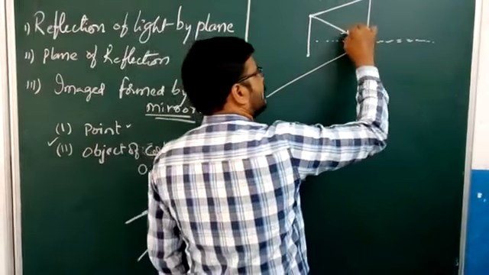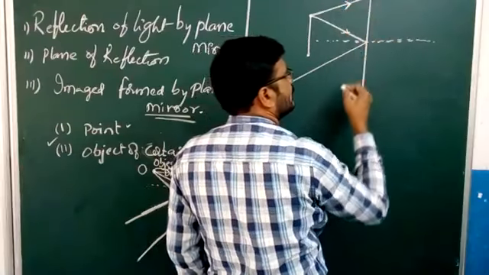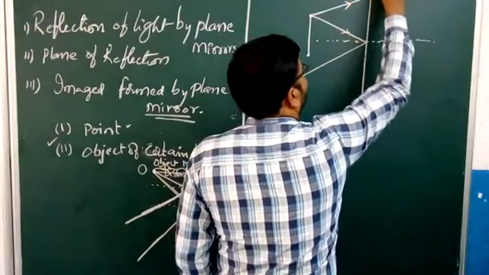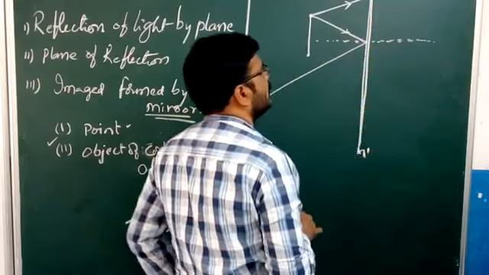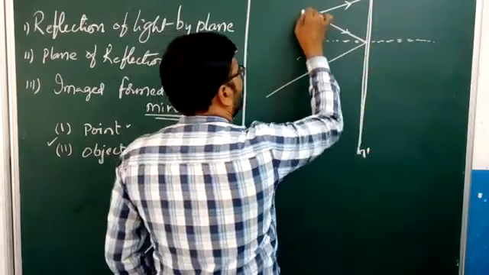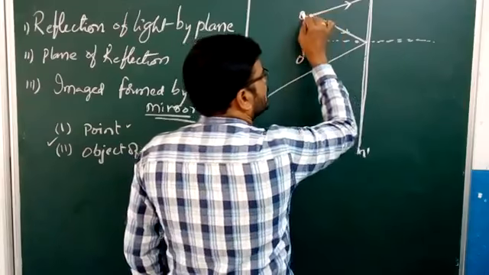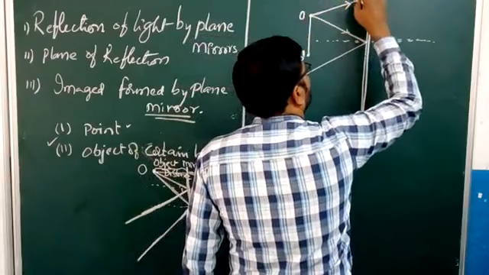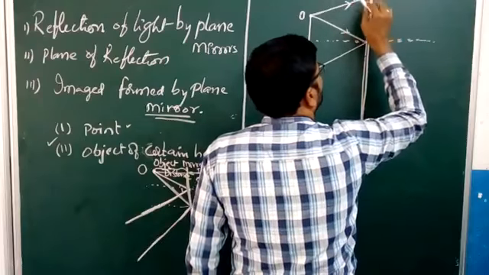These are the incident rays, children, and these two points are meeting the mirror. So this is your mirror, M dash, and this O dash is the object. Now from this point, when you are taking a ray, these two are angle of incidence and angle of reflection.